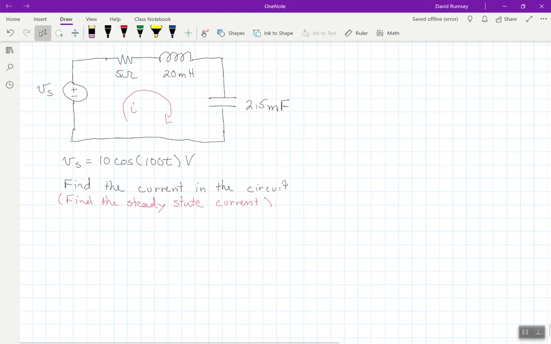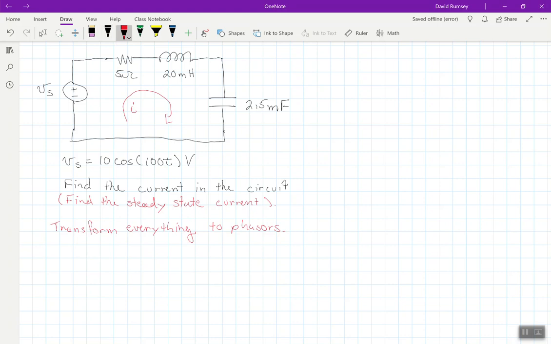All right, so let's see what we got here. The first thing you should always do is do your phasor transform. Transform everything to phasors. So first off, let's look at the voltage source.